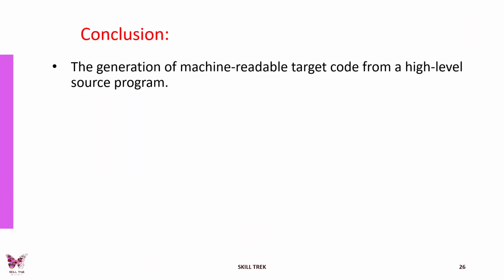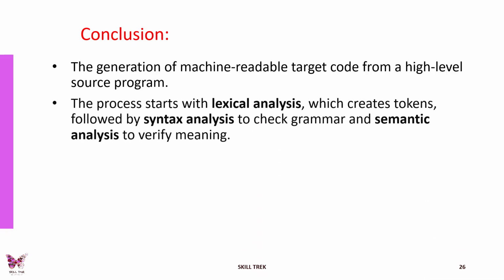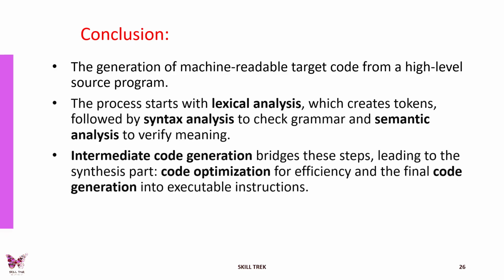So, by this, we conclude that the generation of machine readable target code from a high level source program starts with the lexical analysis, which creates tokens, followed by syntax analysis to check grammar and semantic analysis to verify meaning.